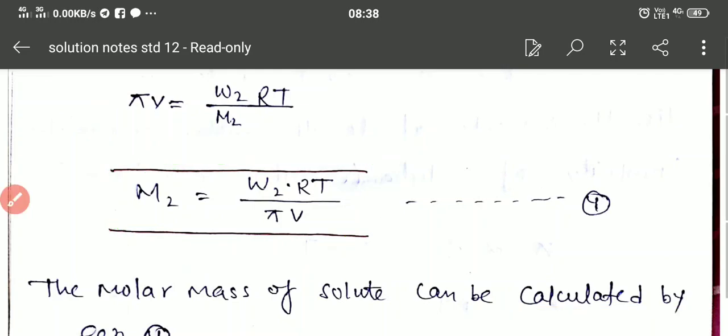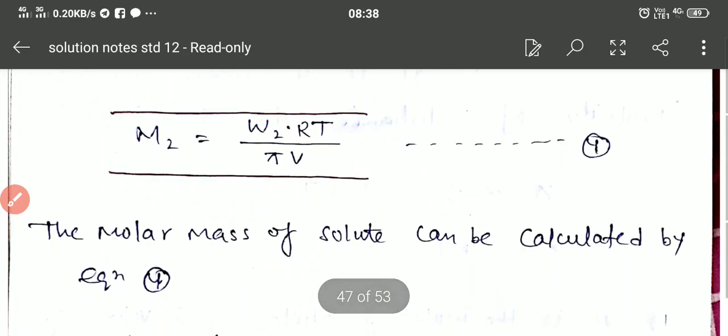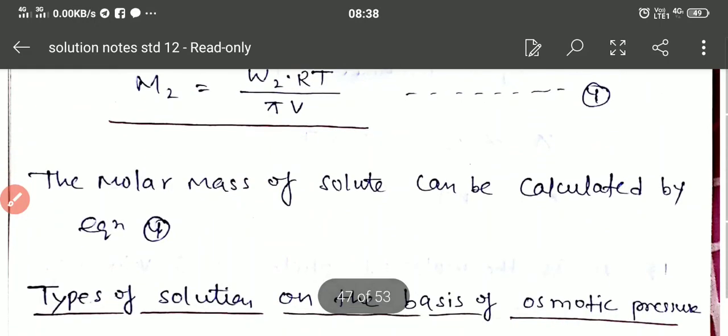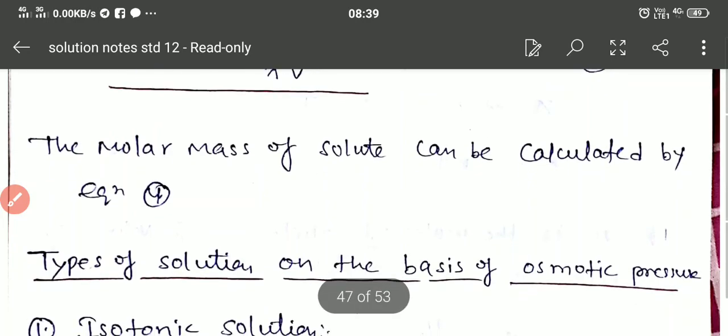It is very easy to find the molecular mass from the above equation if the weight of solute, gas constant, temperature, osmotic pressure and volume of solution are given. So if we know these 5 quantities, we can easily find the molecular mass of the given solute. Now the molecular mass of solute can be calculated by equation 4.